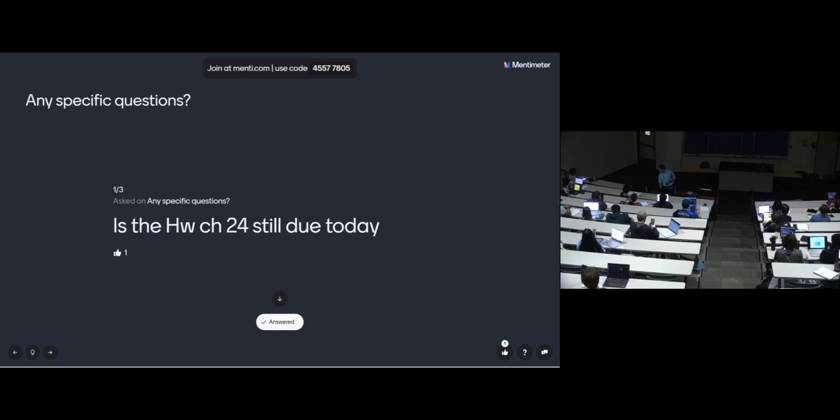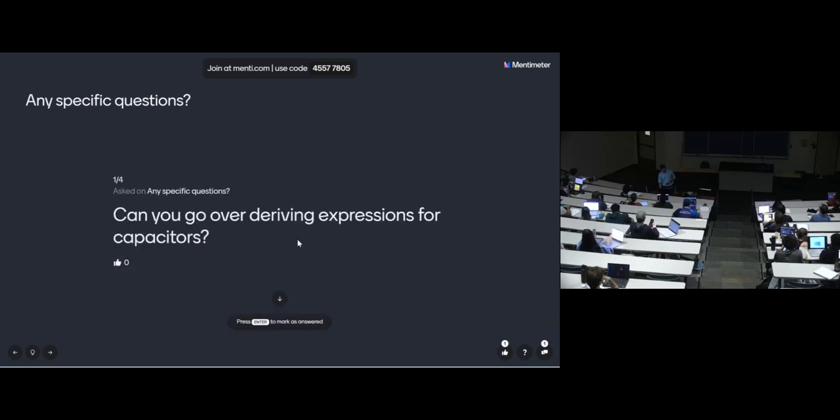Can you go over deriving expressions for capacitors? I'm not sure exactly what you mean by that. Would anybody like to enlighten me a little bit? Yes.